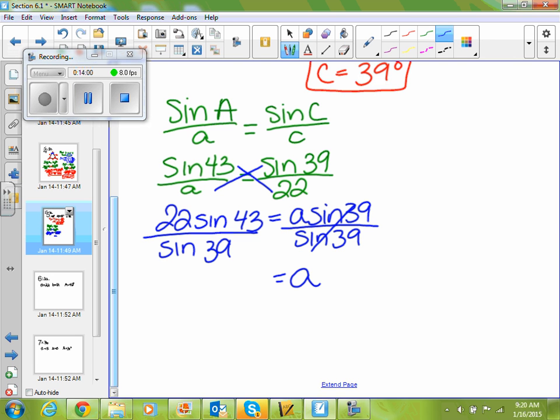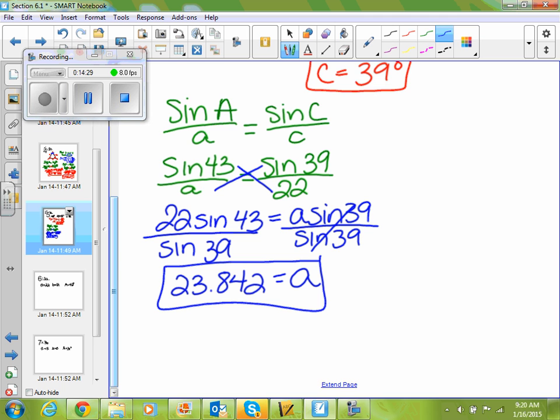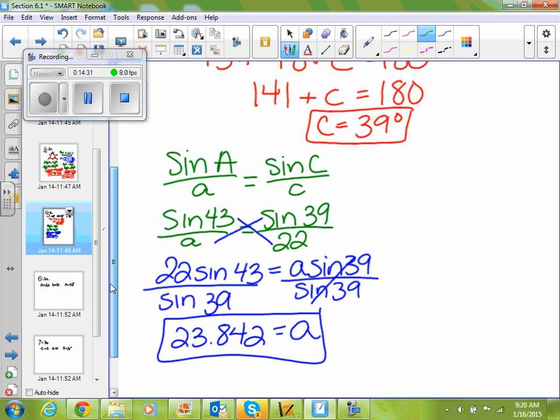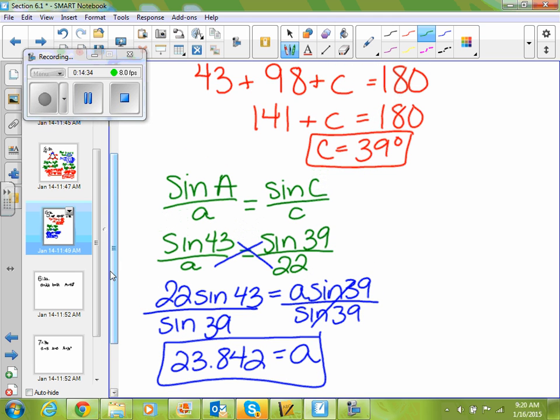If you put 22 sine of 43 in your calculator, it gives you approximately 15.004. If you divide that by sine of 39, you end up with approximately 23.842. So we know A is 23.842.